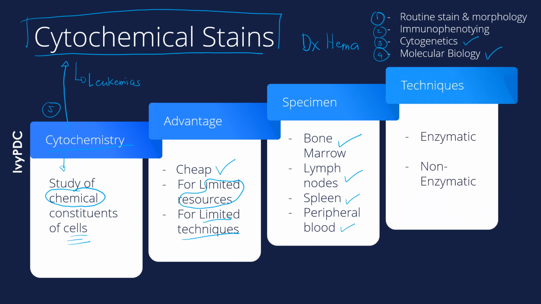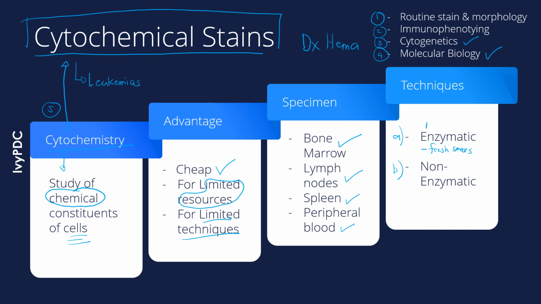There are two general techniques used in cytochemical staining. We have the enzymatic method and the non-enzymatic method. General differences of these techniques is that in the enzymatic technique, we need fresh smears to be prepared to retain the enzyme activity of the cells.